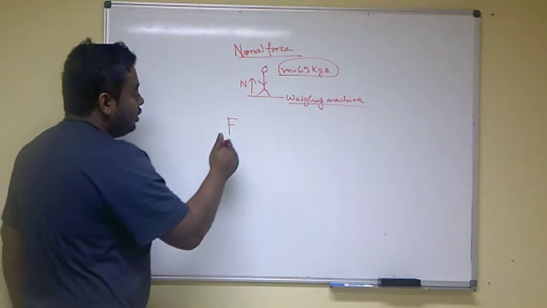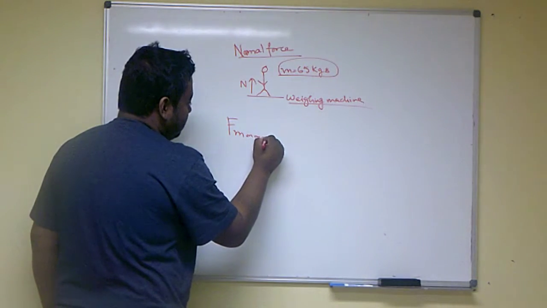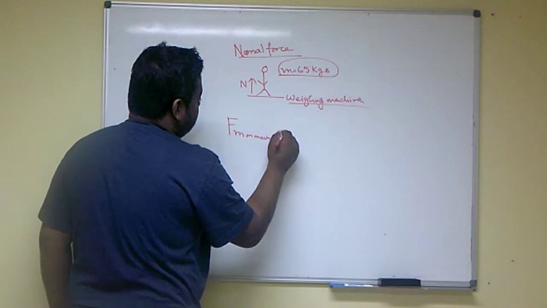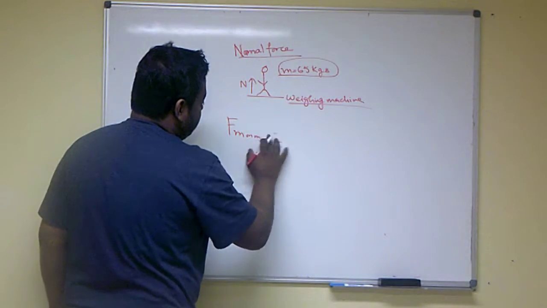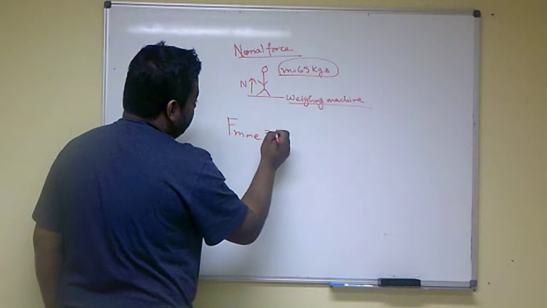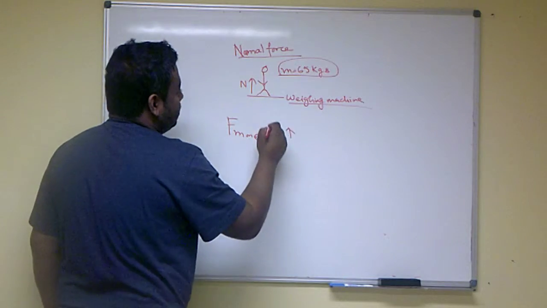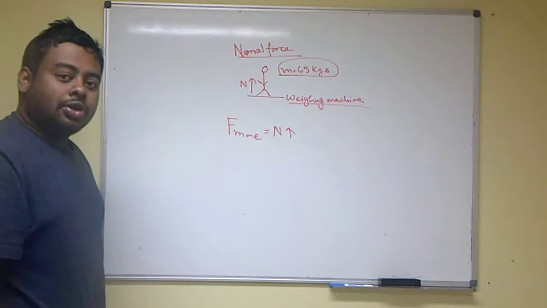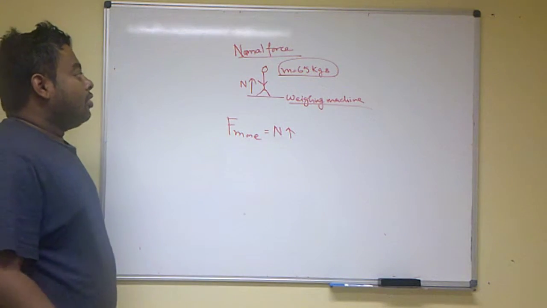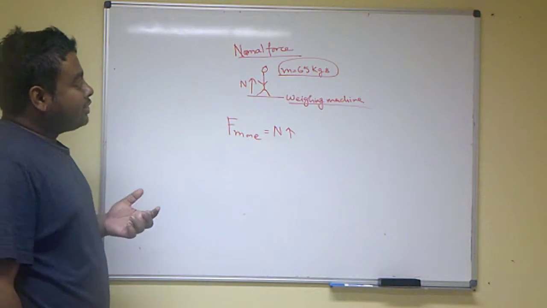So the force due to man on machine, or machine on earth at ground level, let's say, is going to be upwards. So it will be acting towards him, or her, or whomsoever. So that is the way the normal force acts.